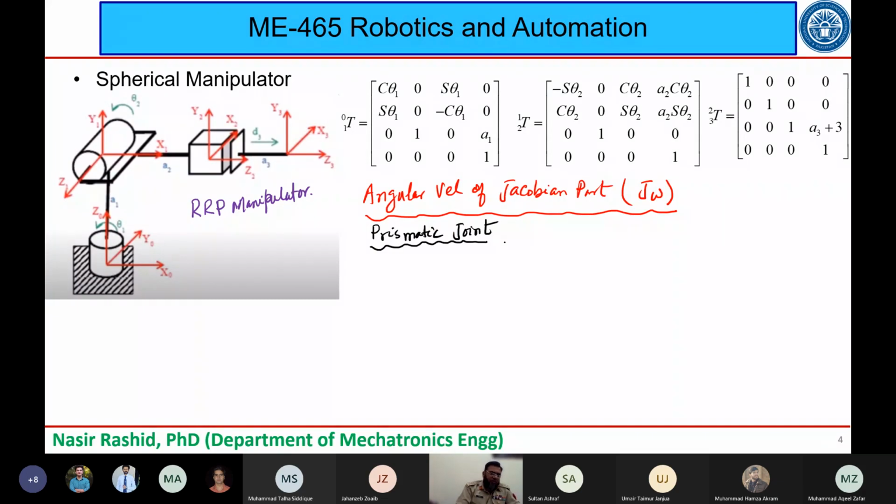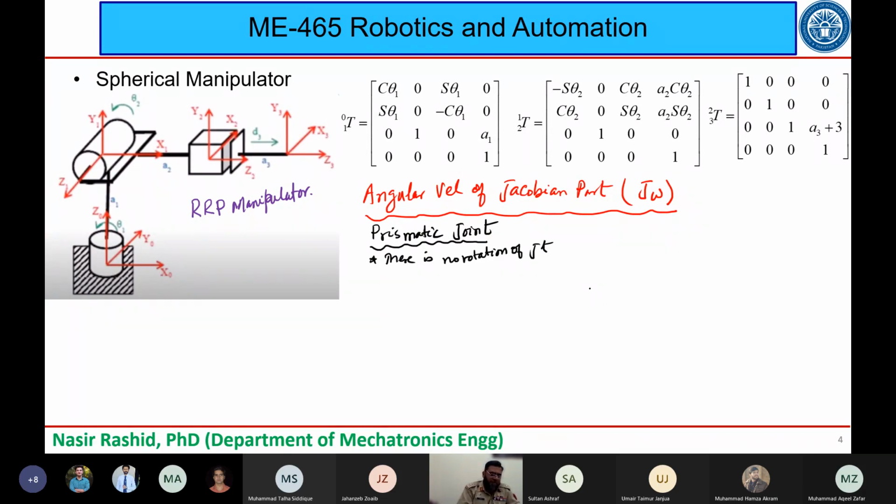Okay. Now, since we are talking about the prismatic joint, there is no rotation of the joint. So let me just write it down here. So there is no rotation of joint.